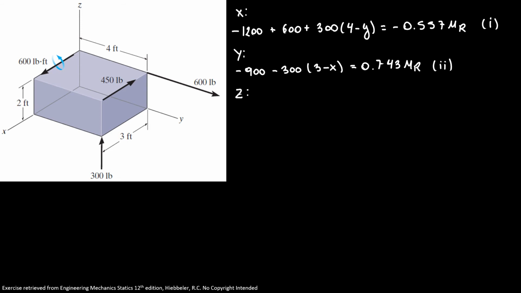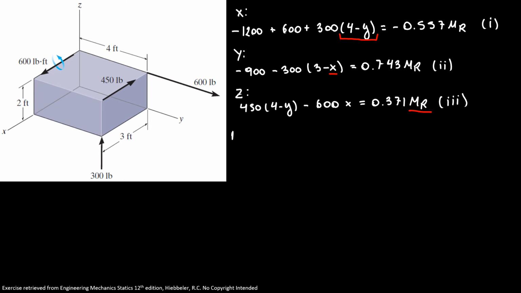For z we have 450 times (4 minus y) minus 600 x equals 0.371 times the resultant moment, and I'm going to call it equation 3. So here we have 3 equations and 3 unknowns. My unknowns are (4 minus y), x, and the resultant moment.